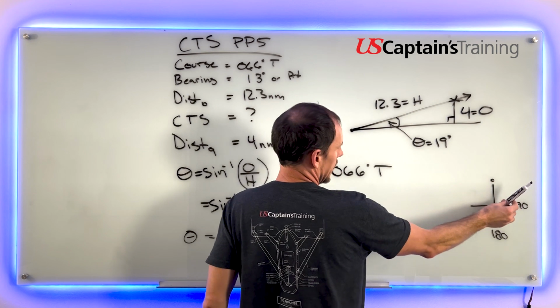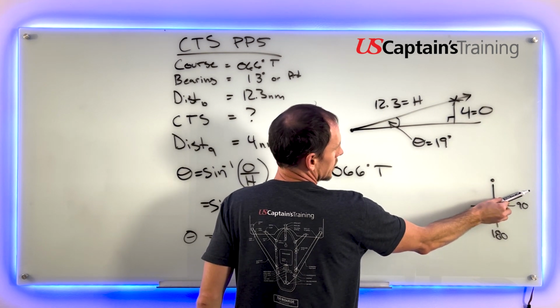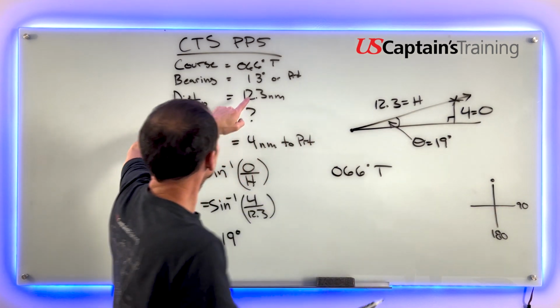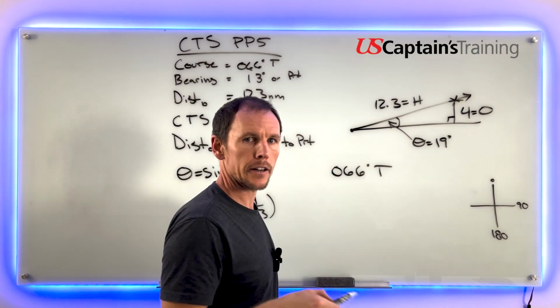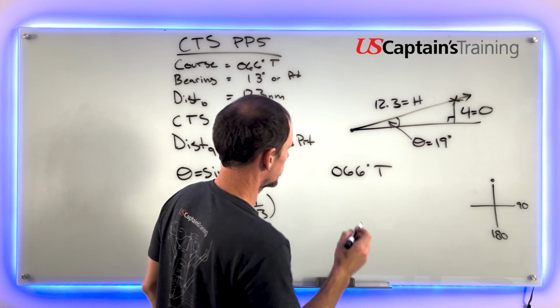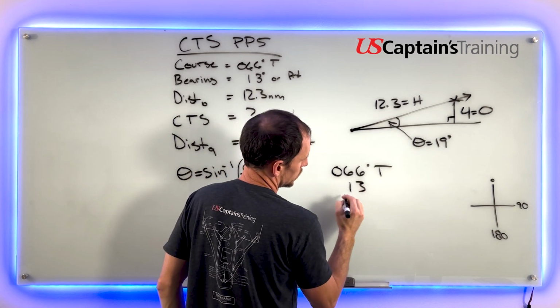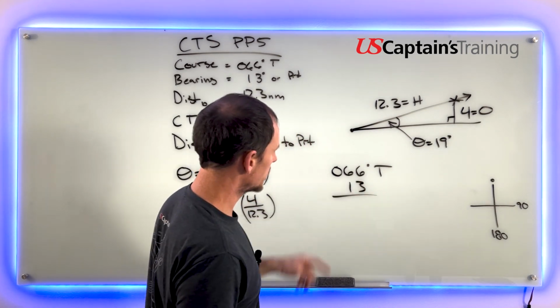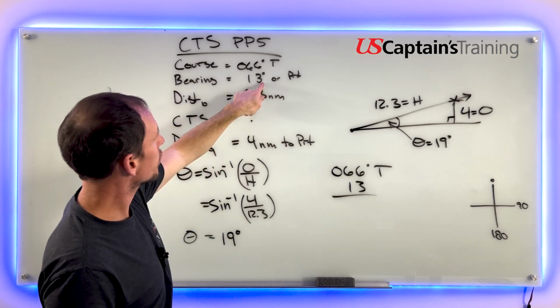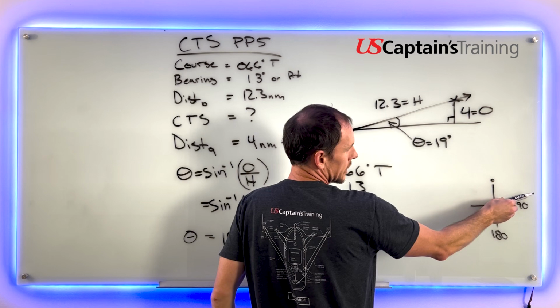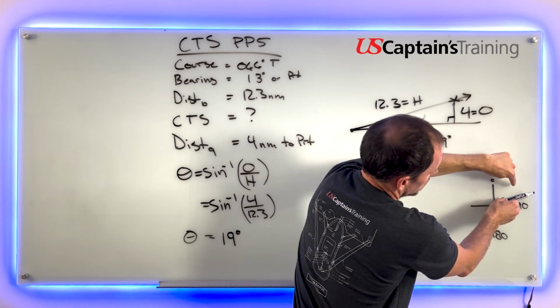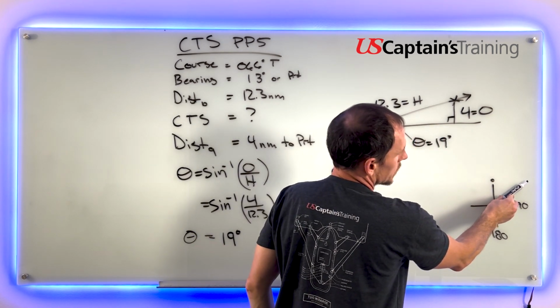We're over here at 66. And we see 13 degrees to port. So we're trying to figure out, do we add or subtract this 13 degrees? Well, if we're on 66 and we sight it 13 degrees to port, what's that look like? That thing's over here, 13 degrees to port. We're correcting towards 0. We're going to subtract.